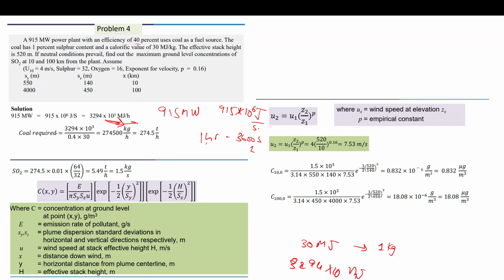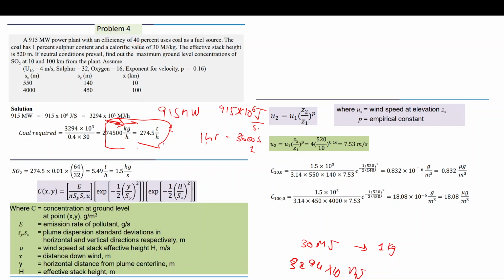So more coal will be required. So this much coal is required. Now, it is mentioned that 1% sulfur content is there in that coal. So this is in tons. So 1% of this much is the sulfur which is present in the coal.